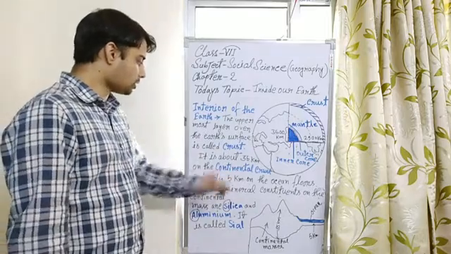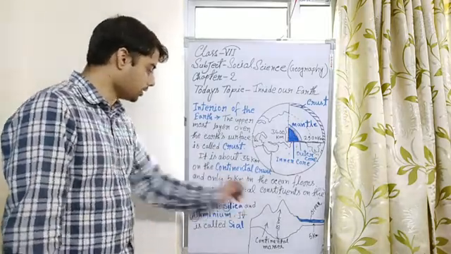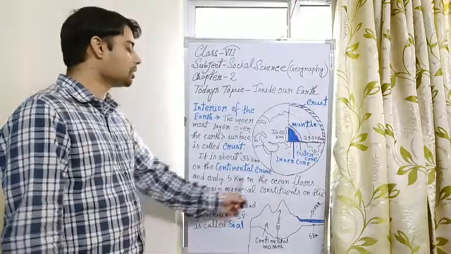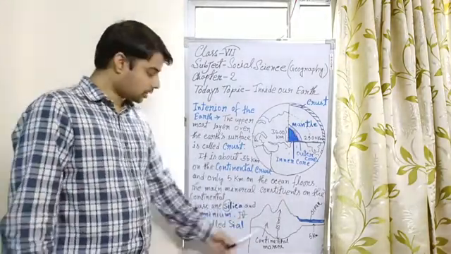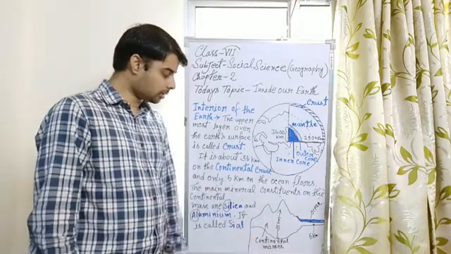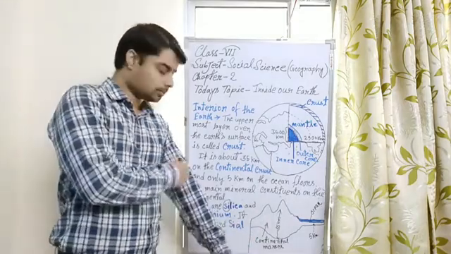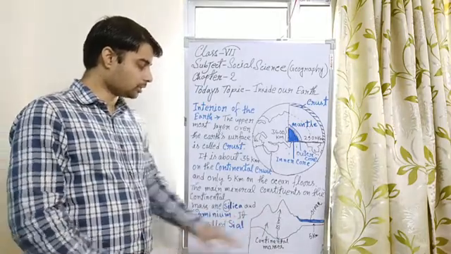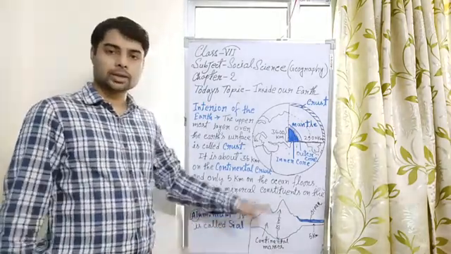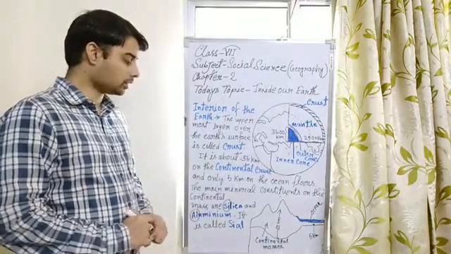It is about 35 km on the continental crust and only 5 km on the ocean floors. Look at this picture now. In this picture it is clearly visible that the continental mass is about 35 km under the soil.